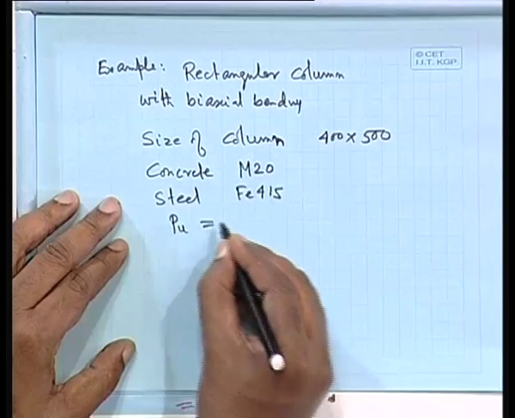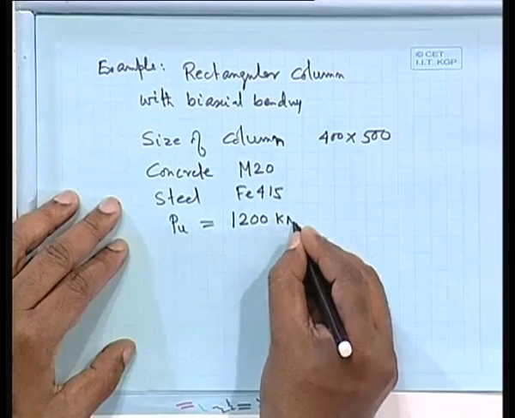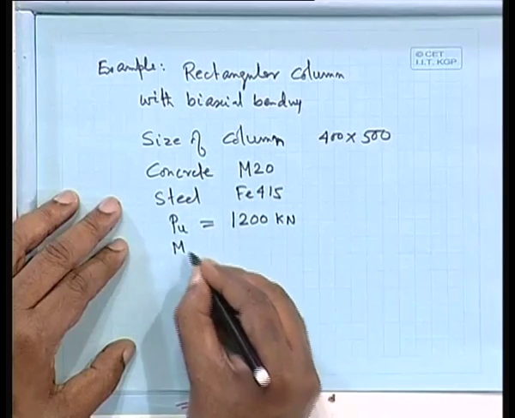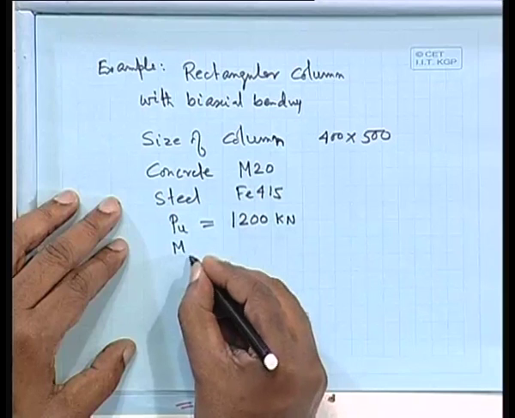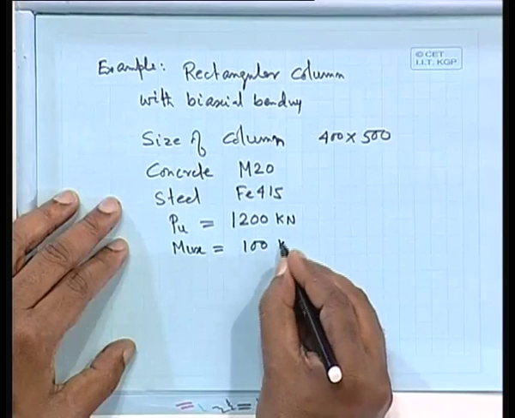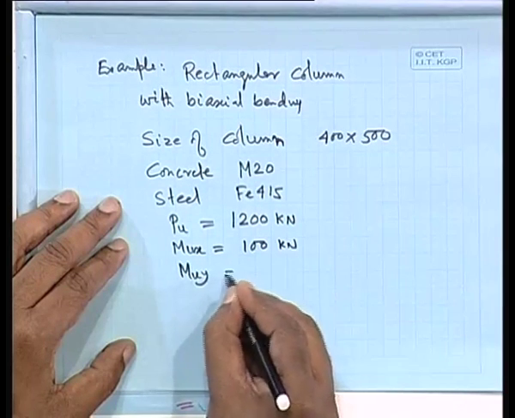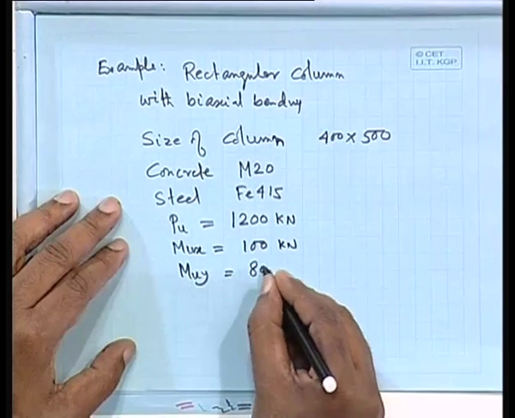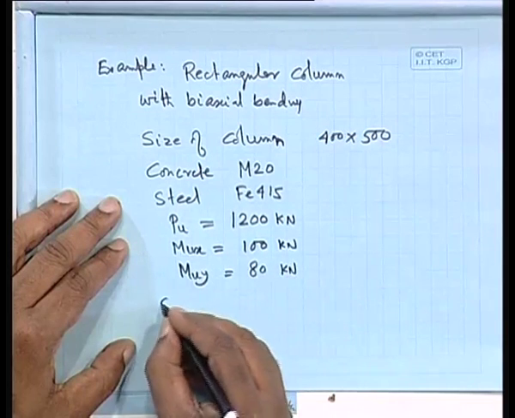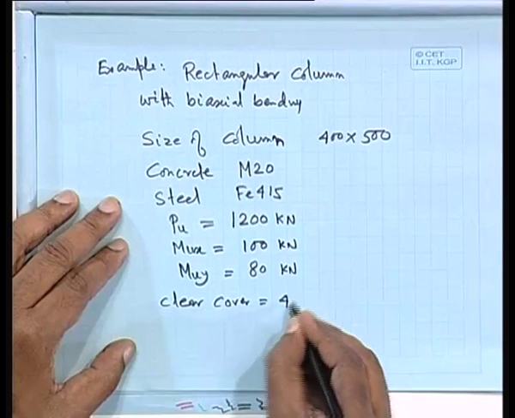Pu, let us take again, 1200, Mux, let us take 100 kilonewton meter, Muy, let us take 80 kilonewton meter, clear cover 40 millimeter.